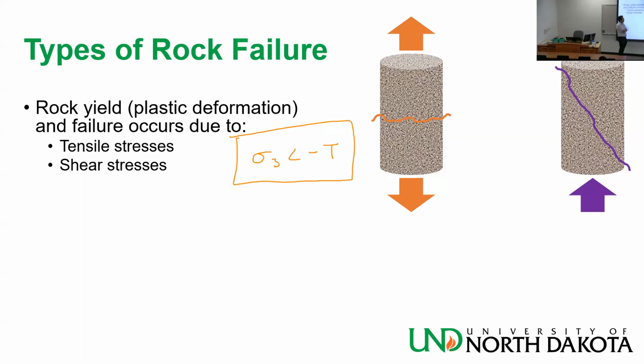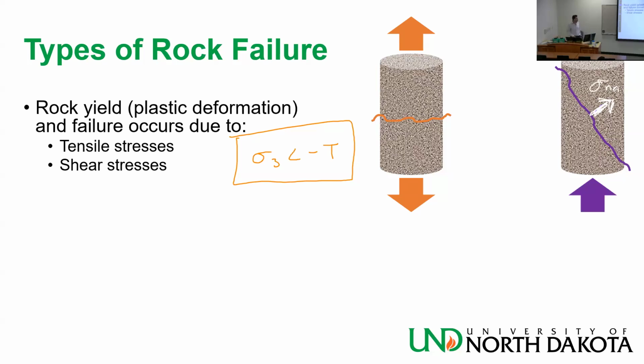To get shear failure, let me show you the two stresses that you are dealing with. You have the stress that holds these two pieces of rock together. Okay, you have sigma n.